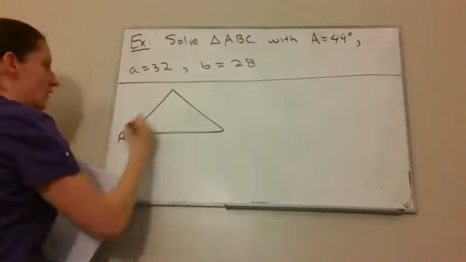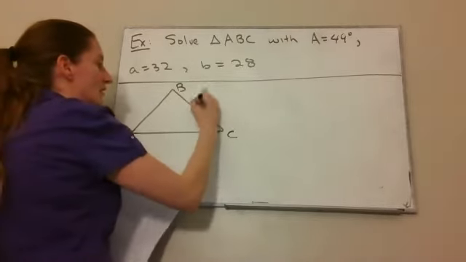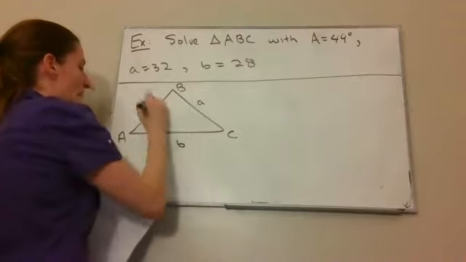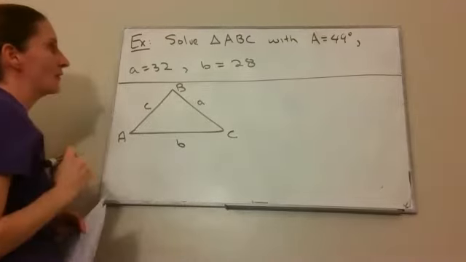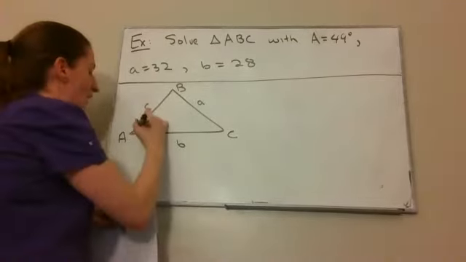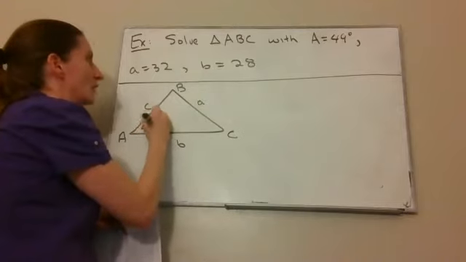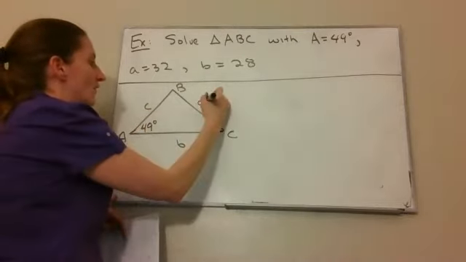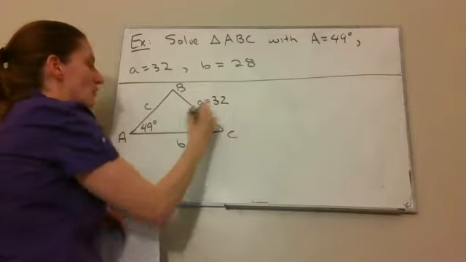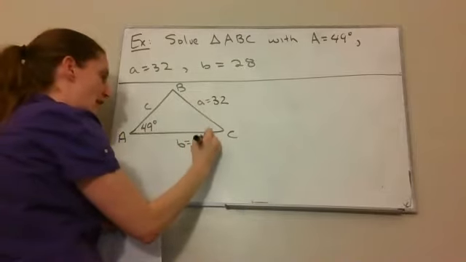So here's triangle ABC. Label the sides opposite the angles. I have angle A is 49 degrees. I have big A is 32, little b is 28.